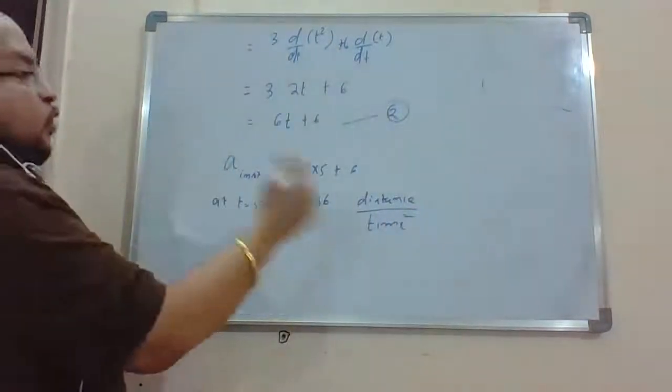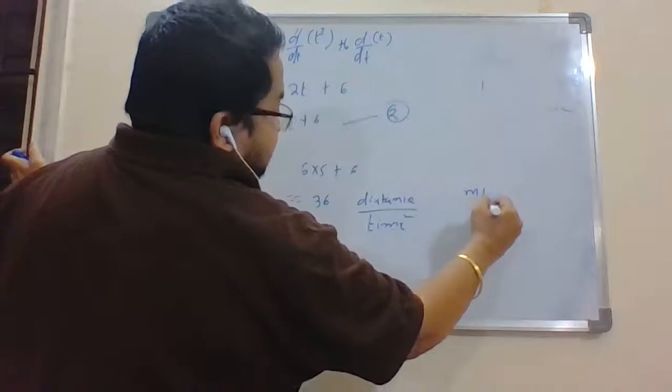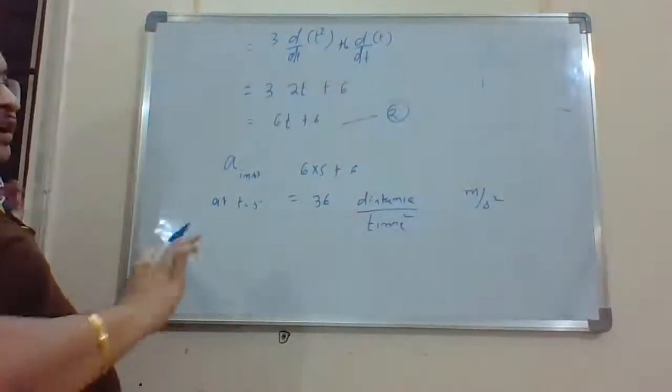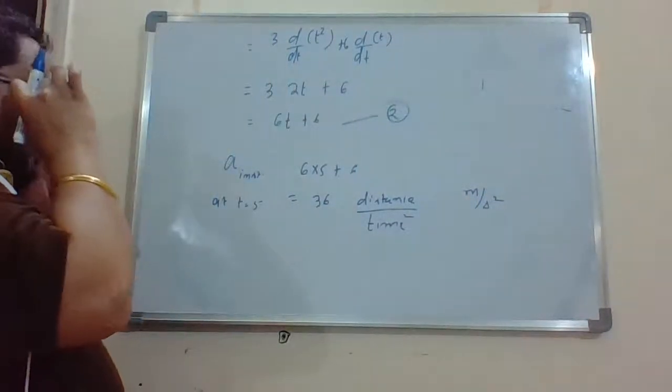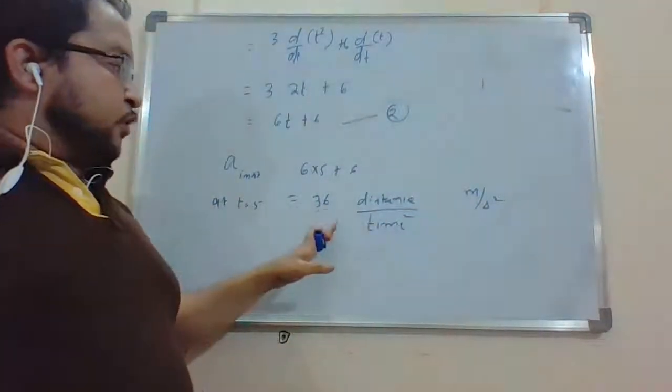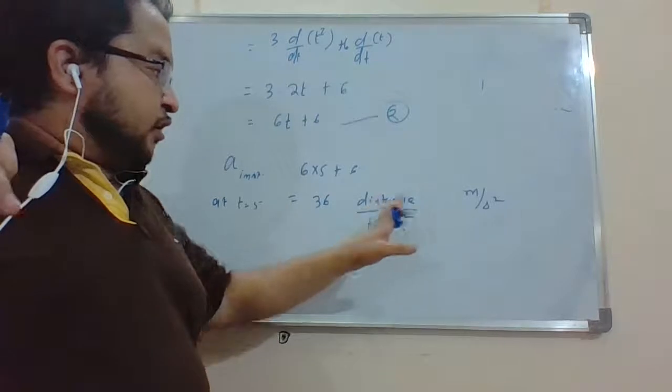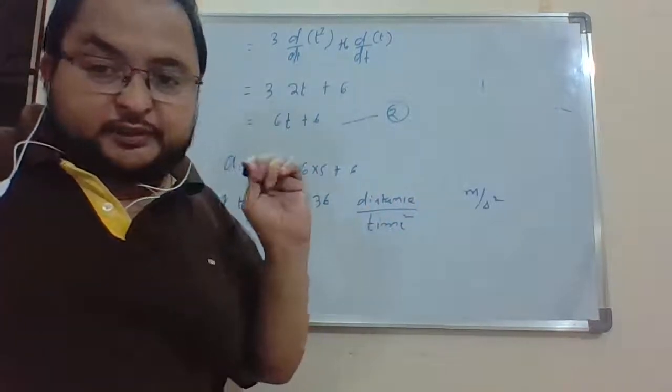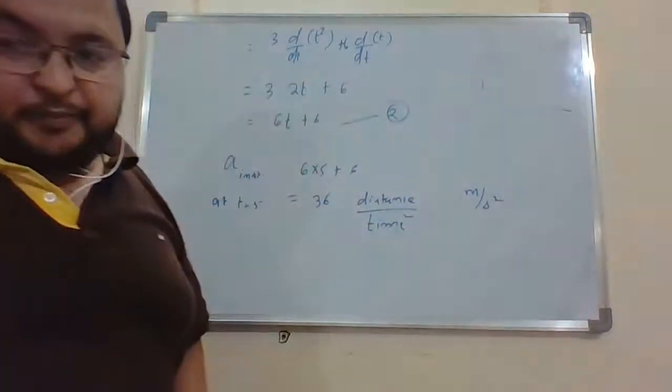Do not go ahead and directly write meter per second square. Because if it is given in the problem to go with the SI units, you can go by meter per second square, or better put distance by time square or length by time square. That's it.